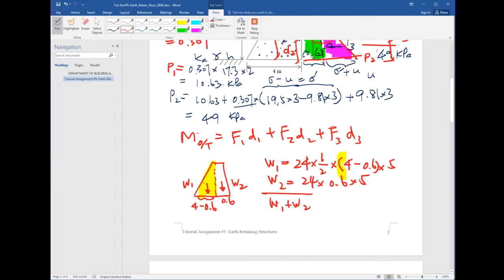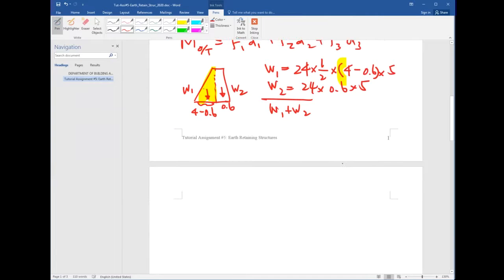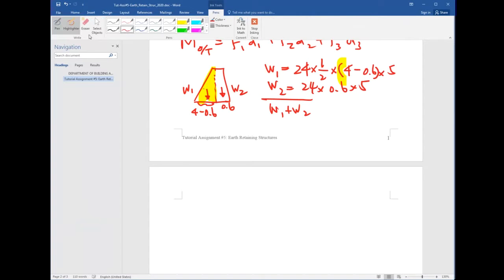And what's the overturning moment? Sorry, the restoring moment.